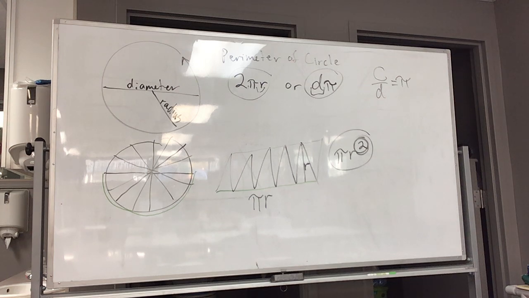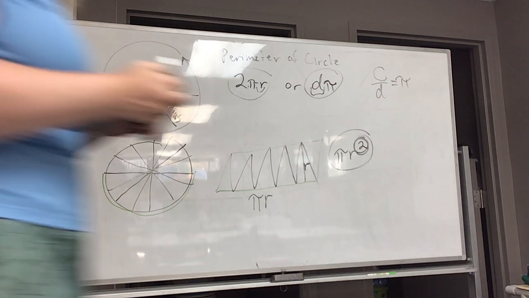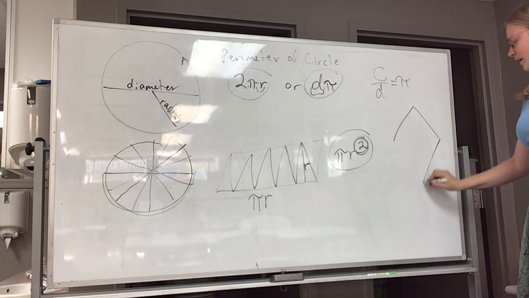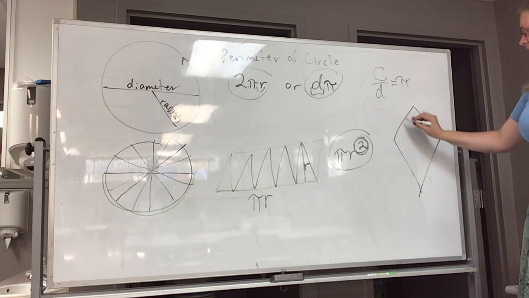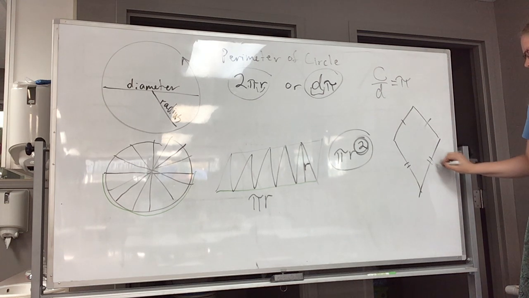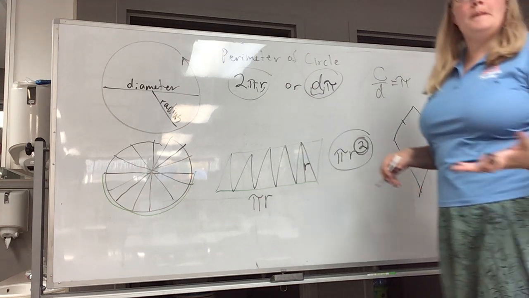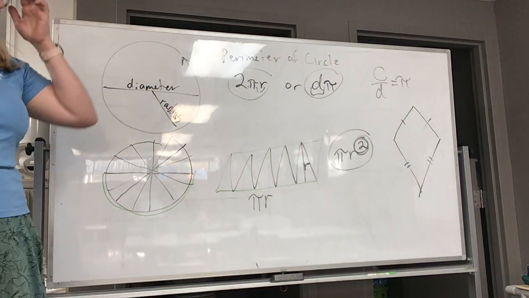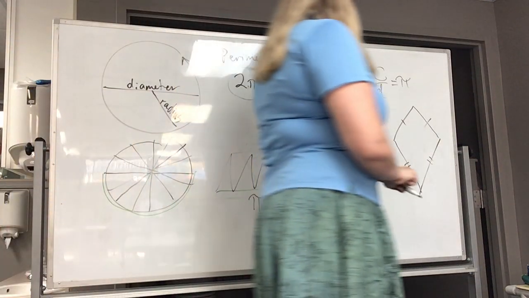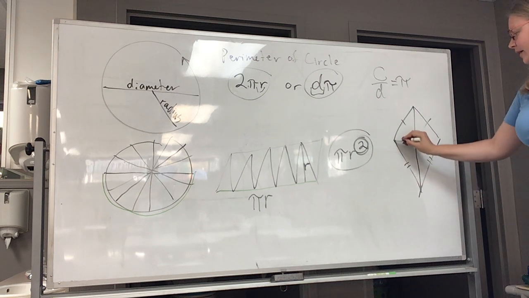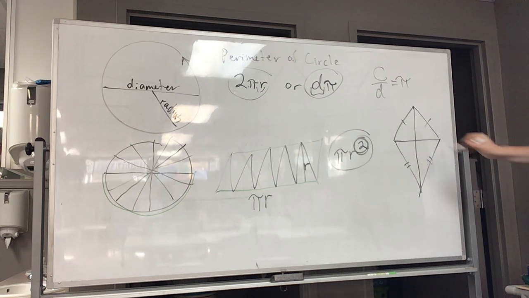Kites. Forgot kites. So, last area is a kite. A kite is a special quadrilateral that has congruent sides, but rather than being opposite each other, like a parallelogram, they're right next to each other. The primary useful bit of knowledge about a kite is that its diagonals are perpendicular.